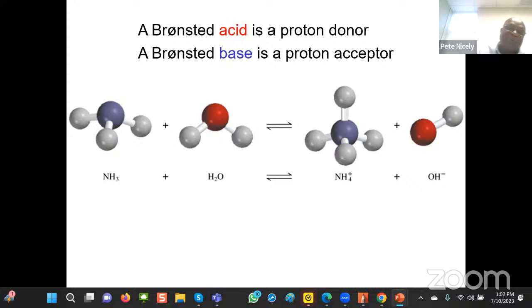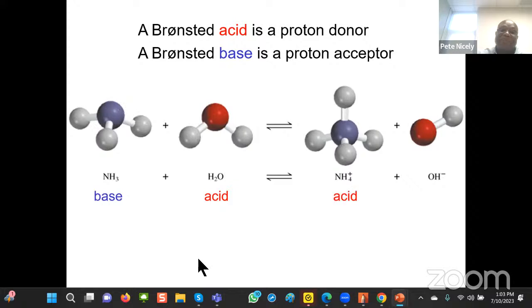So going back to the ammonia and water example right here, as you can see, the ammonia will be accepting a hydrogen ion from the water molecule. So this is the hydrogen ion, which will end up on the ammonia, and that results in the formation of the ammonium ion. And the byproduct of that would be the hydroxide ion. So in this particular reaction, the water would be the acid because it's donating a proton, and the ammonia would be the base because it's accepting a proton.